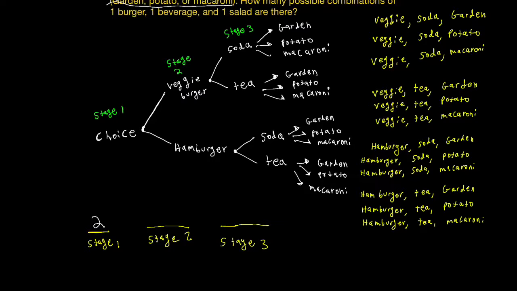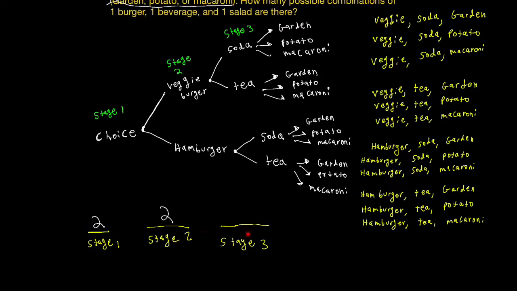My choices are hamburger or veggie. Now if we move on to stage 2, each item on stage 2 also has two choices. Right here we have the choice of soda or tea. Here we have the choice of soda or tea. So for stage 2, I'm going to write a 2 again. This 2 represents a soda or tea.